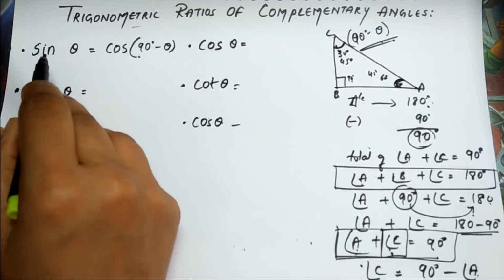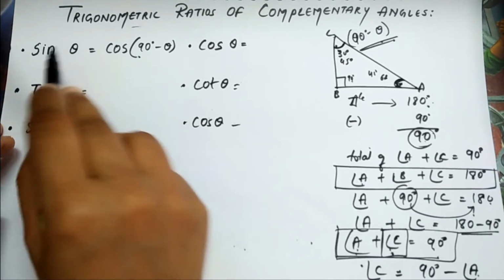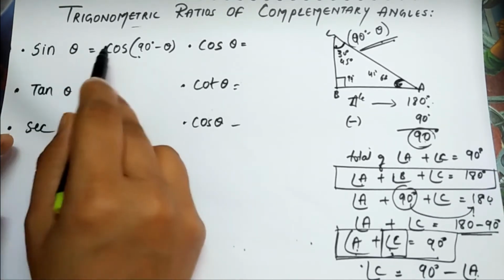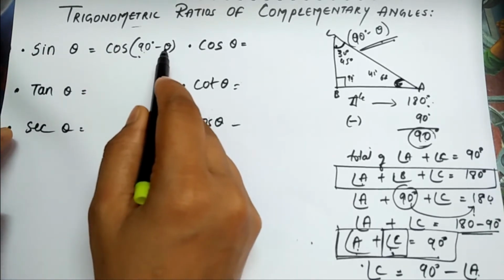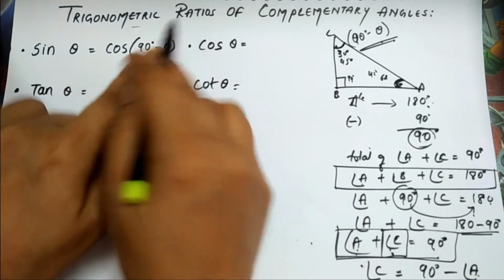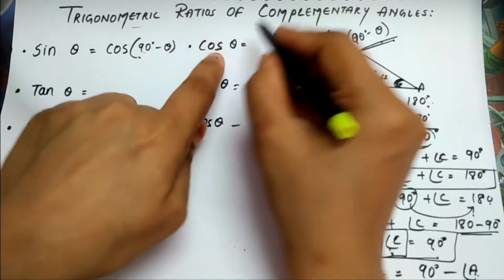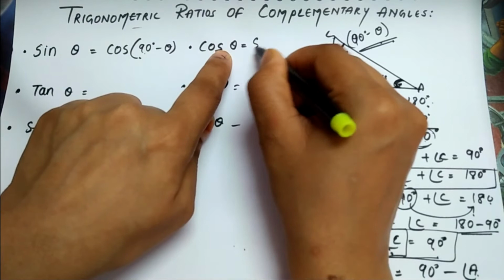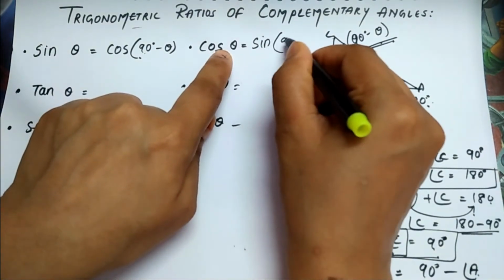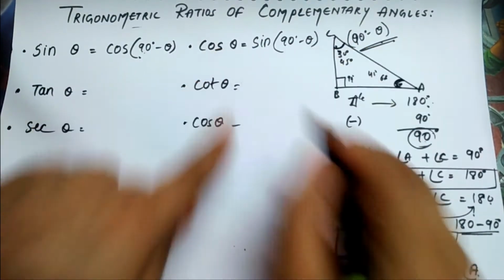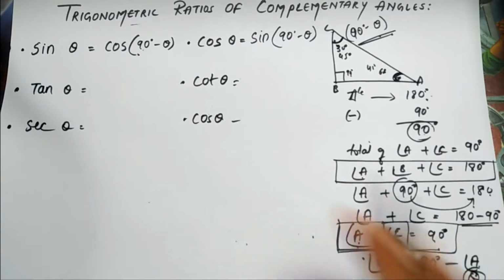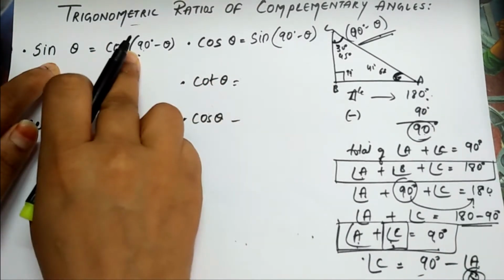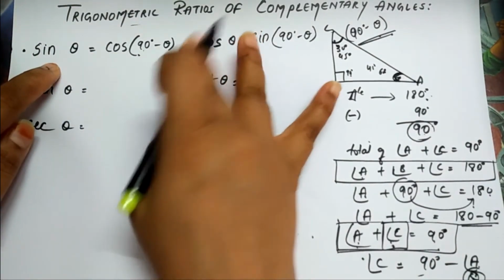Whenever we change to the complementary angle, sine theta turns into cos of 90 minus theta, right? Similarly, this will be the reversal: cos theta is nothing but sine of 90 degrees minus theta. Again we got 90 degrees minus A, where A is theta here. Did we get that? See, sine turns into cos, and cos turns into sine.